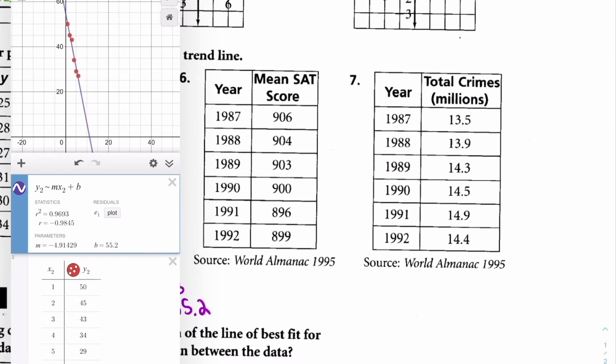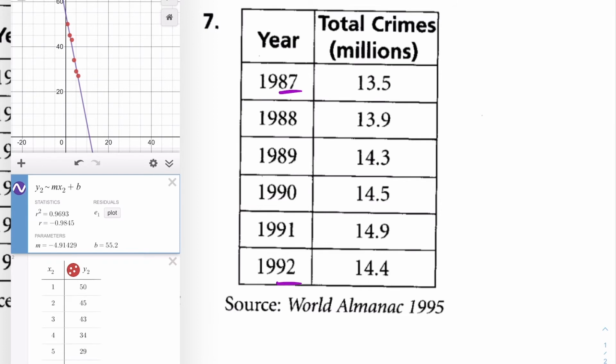Okay, so we're going to need to change the data, and we will need to figure out how to make the scale. Okay, so since the gap between 87 and 92 is only 5 years, I don't really want to make my scale start with 0.